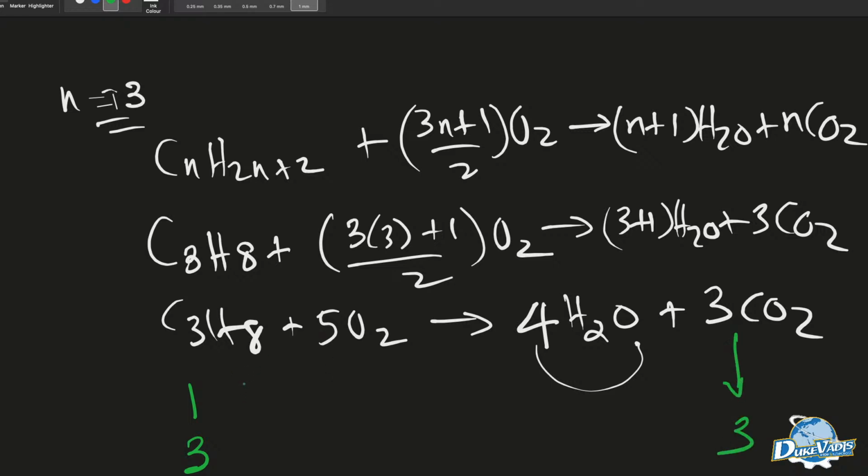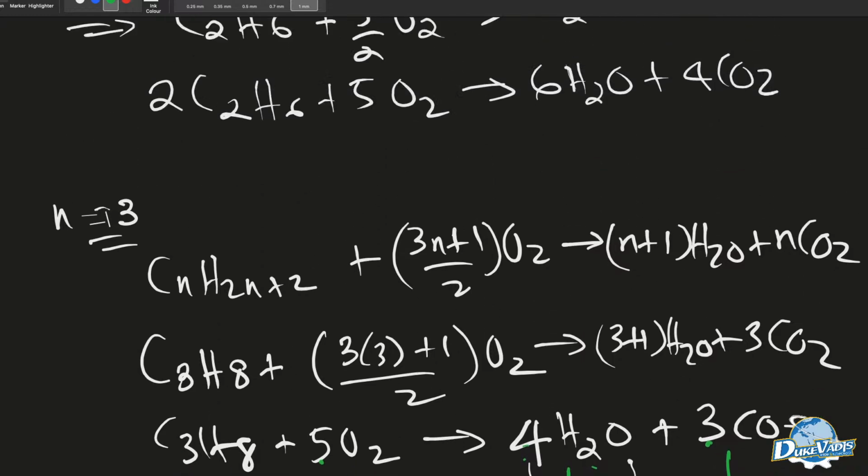We have hydrogen here to be 8, hydrogen here 4 times 2 is 8, and we have oxygen here to be 10, 5 times 2, and oxygen here, this is 4 times 1, so that is 4 oxygen plus 3 times 2 over here, which is 6 oxygen. So together that gives us 10. All right, friends, that is where we'll finish with our combustion reaction.